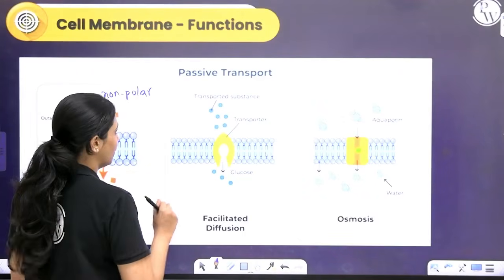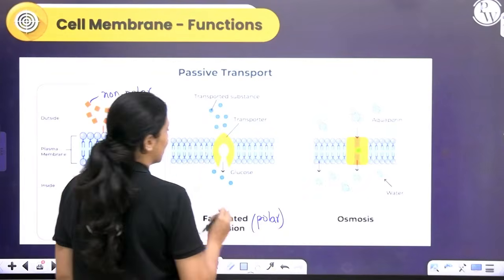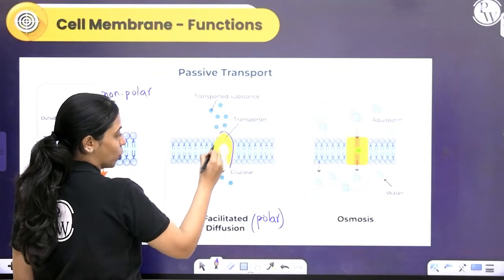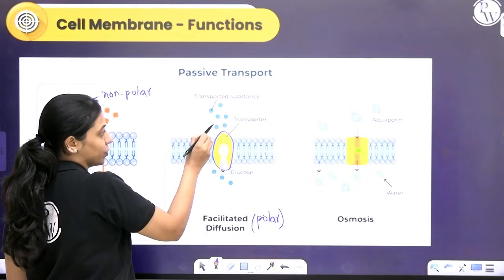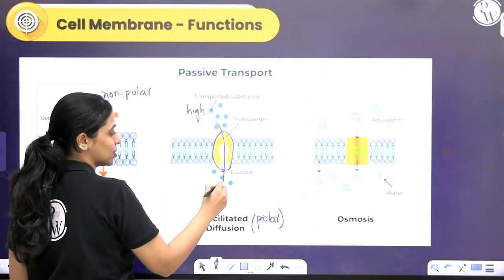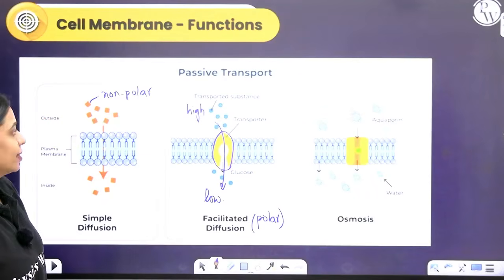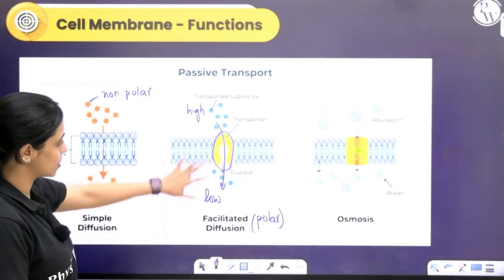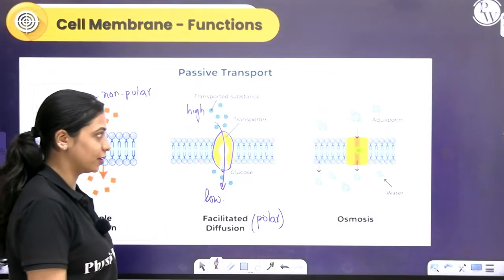If they are polar molecules, then they cannot come directly via the phospholipid bilayer. There will be special proteins for them present in the membrane. These proteins will help in the transport of the substance from a region where it is high to a region where its concentration is low. That is called facilitated diffusion. Diffusion is happening, passive transport is happening, but it is facilitated by this protein.